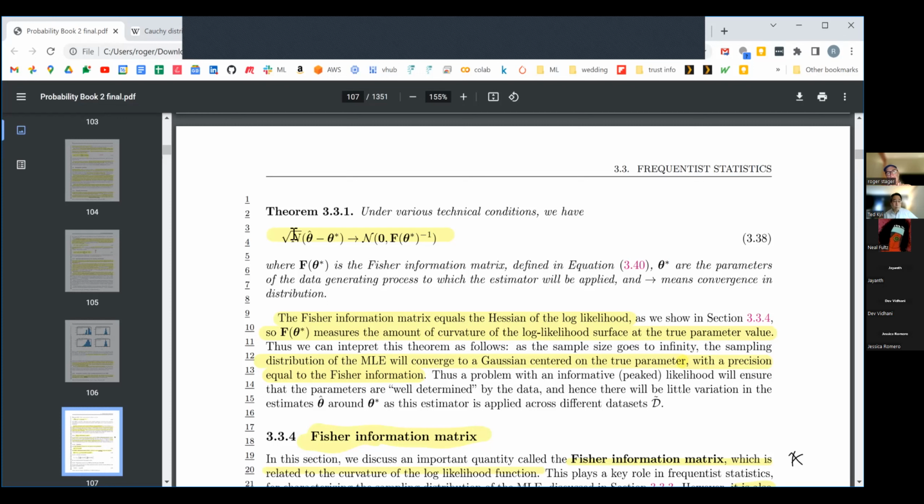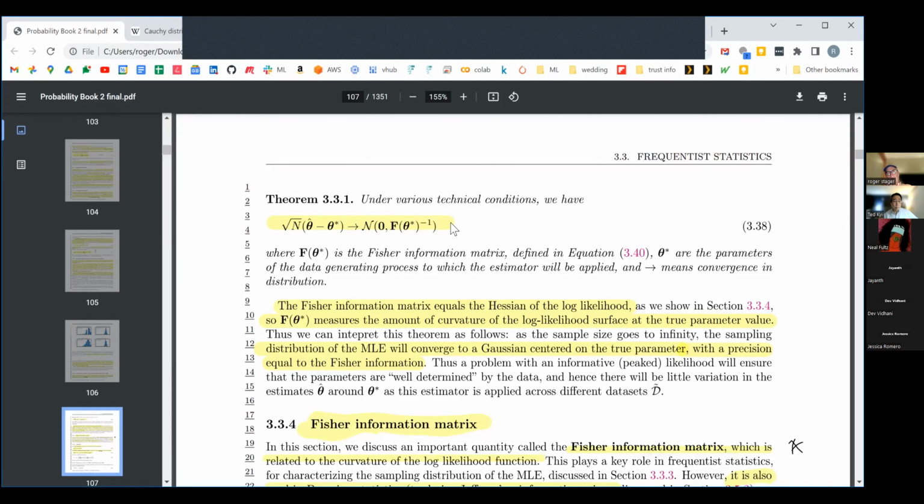Because this becomes a normal, I guess that's the error, the difference between the true and estimated parameters becomes a Gaussian distribution with zero mean. And then the variance is defined by this Fisher matrix of the true parameters, or the inverse of it.